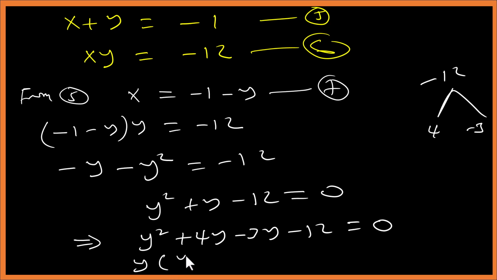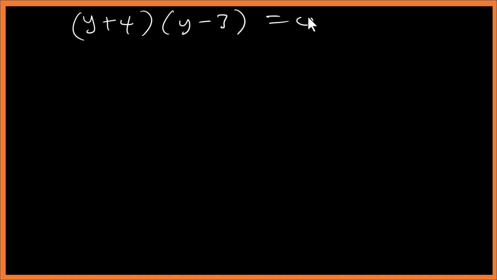Factoring out, y plus 4 and minus 3 out: y plus 4, y minus 3 equal to 0. That will make y equals -4 and 3.